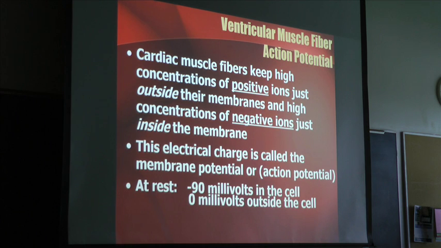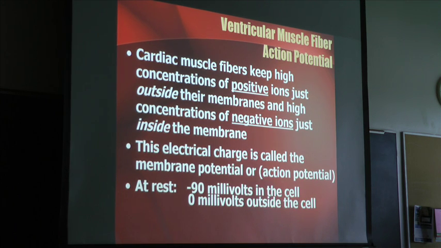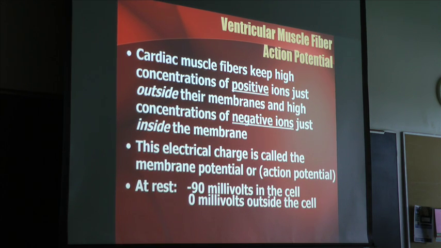It tells you that cardiac muscle fibers keep high concentrations of positive ions just outside their membranes and high concentrations of negative ions just inside the membrane. This electrical charge is called the membrane potential, or you're here referred to as action potential.